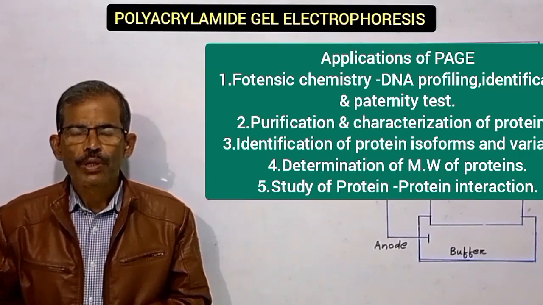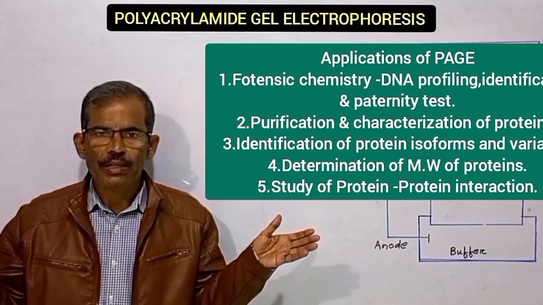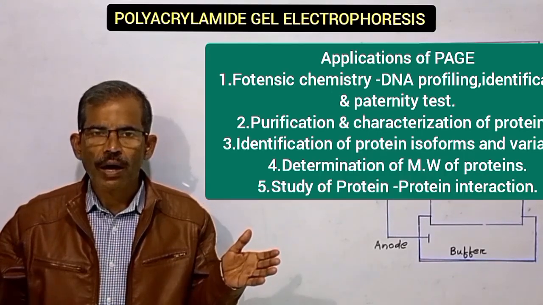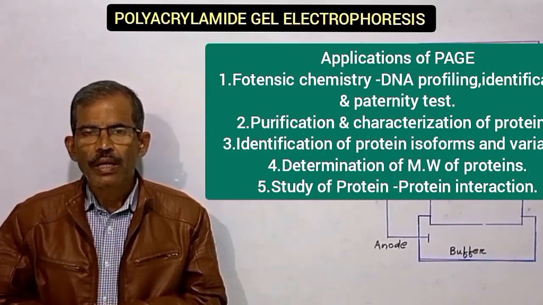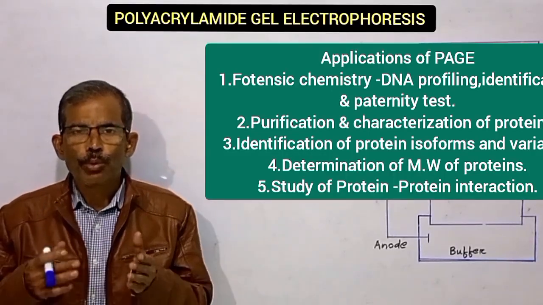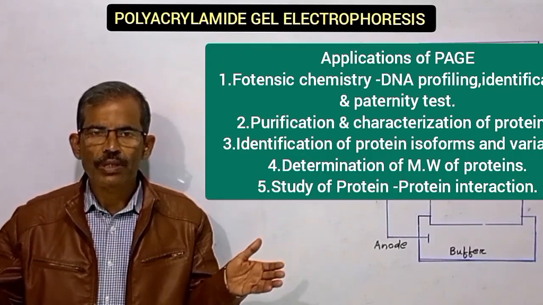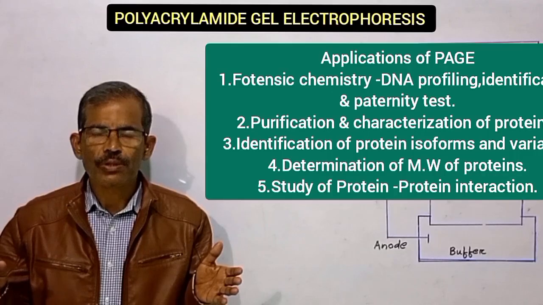Number 2. It is also used to purify and to characterize proteins and also to identify protein isoforms and variants. In addition to this, protein-protein interactions can also be studied with the help of polyacrylamide gel electrophoresis.